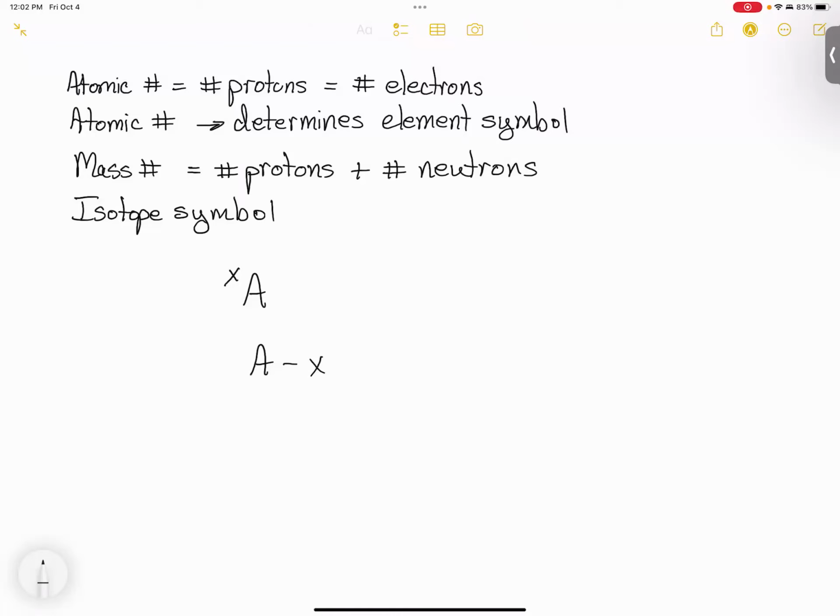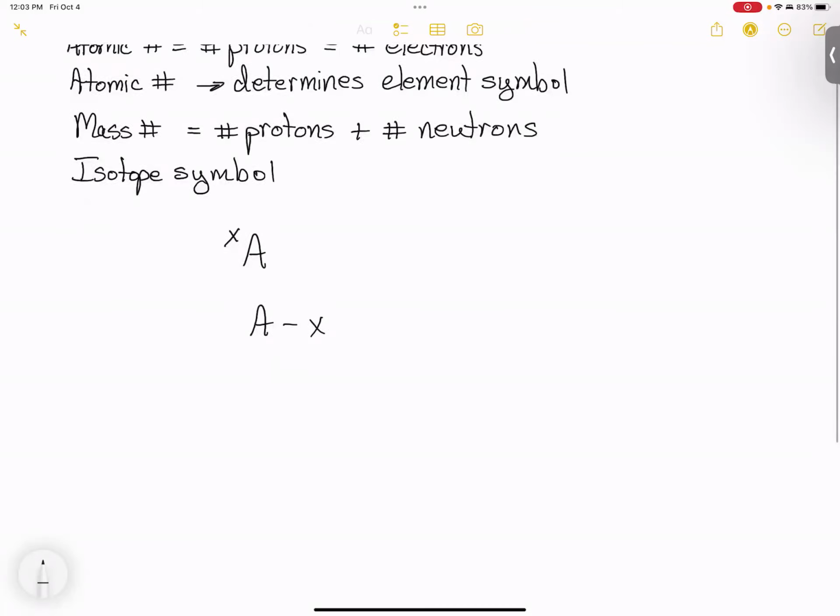You can either use the elemental symbol with the number raised to a power, or you can use the elemental symbol, dash, that number. Whether it's the superscript to the left or the number after the dash, that is representing our mass number. So what we're going to do today is look at the more common way you're going to see this type of question.